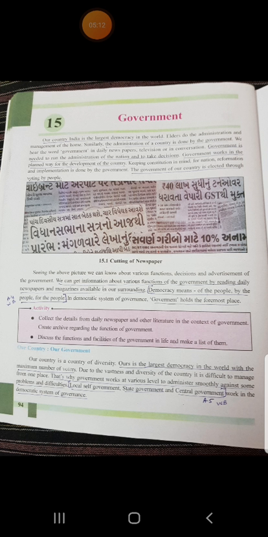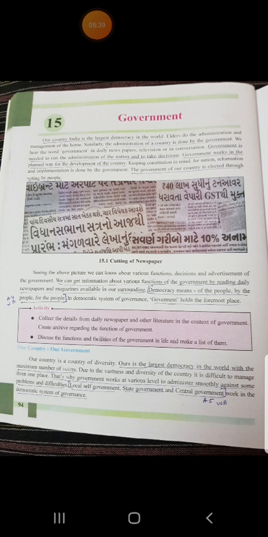That is why government works at various levels to administer smoothly and to deal with problems and difficulties. At different levels, governments are appointed so that they can carry out the work smoothly and solve whatever problems and difficulties there are with ease.